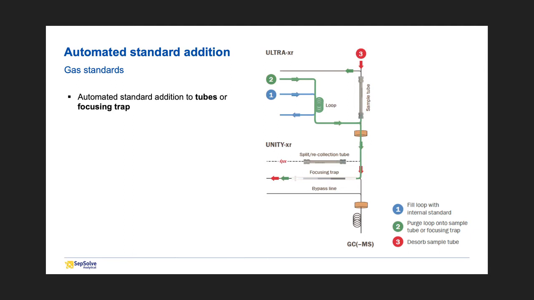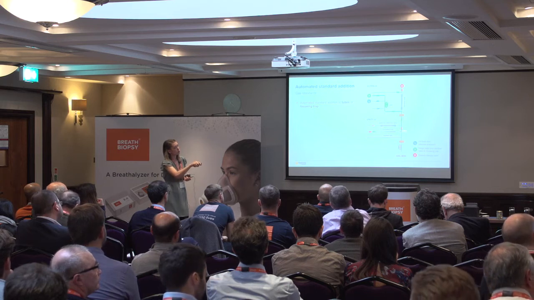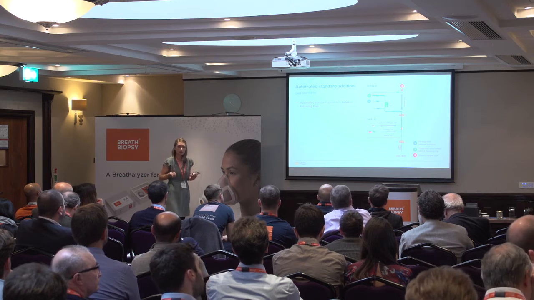So in the Markes TD systems, you have within the thermal desorber a way to introduce standard or internal standards into the loop, and then flush the loop either onto a sample tube or directly onto the focusing trap. So there are two options there for introducing standards.